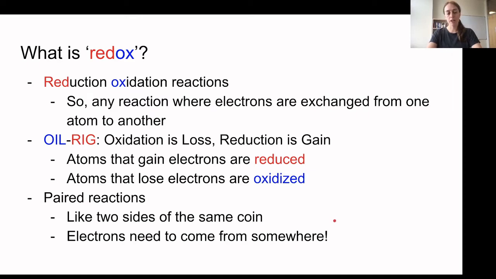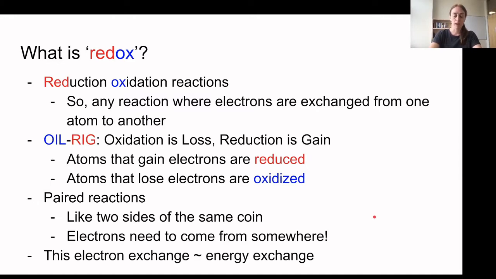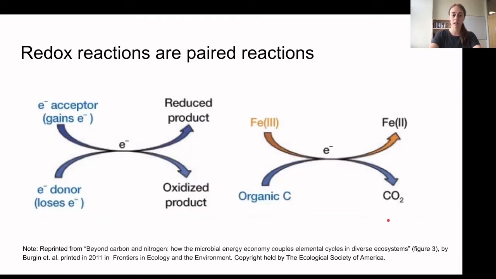If we're going to gain electrons in one place, they have to come from someplace else. So that's why we always have paired reactions. And the important reason we care about redox, particularly in the environmental setting, is that this is energy exchange, and this is critical for a lot of metabolic functions and maintaining life.